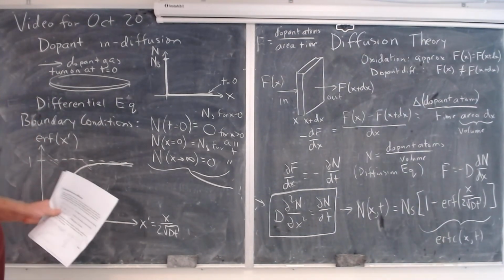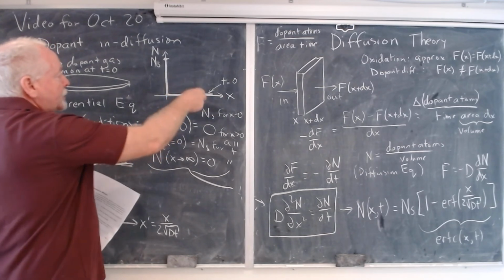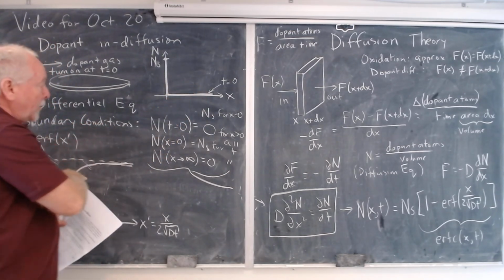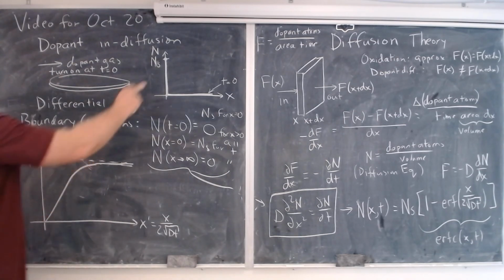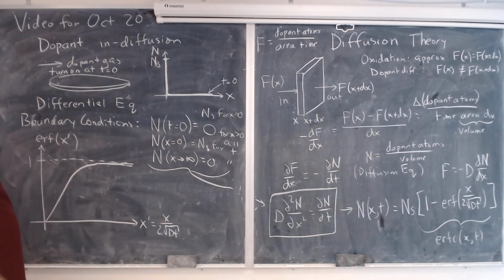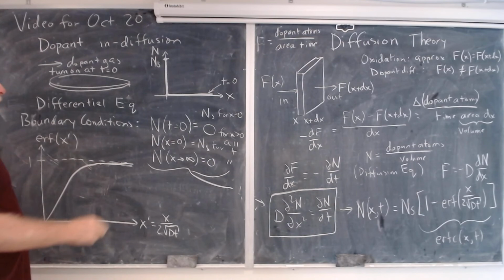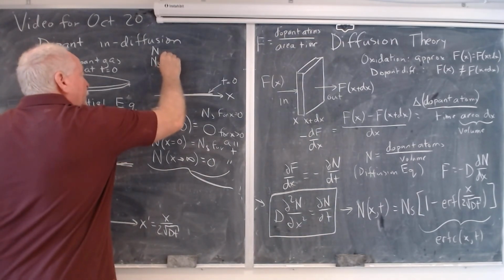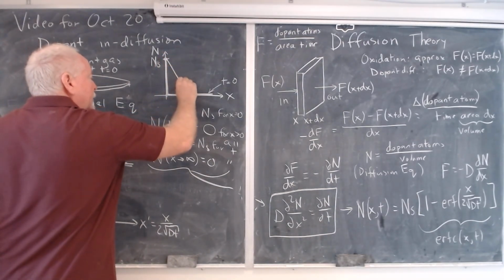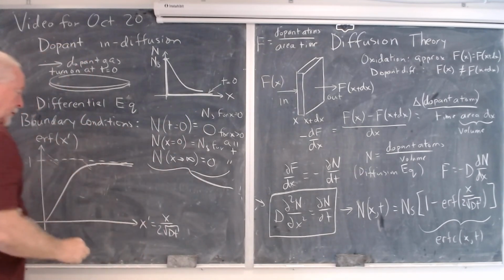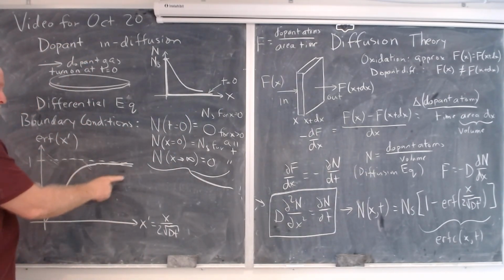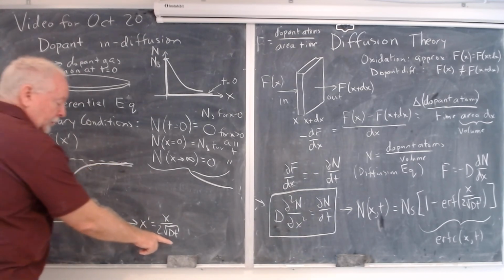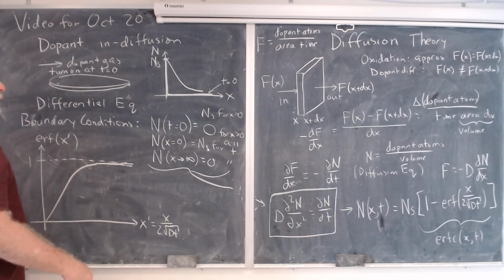So then you go over here, and what this looks like then is 1 minus that. So of course 1 minus 0 is 1, and it's N sub S at the surface, which was our first boundary condition. And then it basically goes down kind of like a straight line. At x equals infinity it's equal to 0, depending on time.